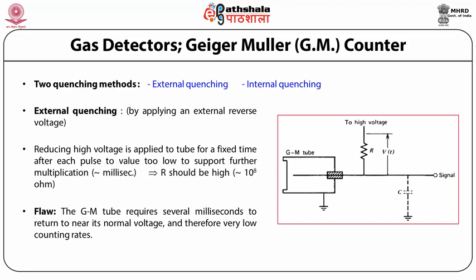So this is the disadvantage with the external quenching method, that it effectively increases the dead time, because the applied voltage, once it is quenched by the external reverse applied voltage, takes longer time to come back to its initial value, so that another pulse can be generated. So it puts long detector dead time to the GM tube, and therefore counting rates become low.